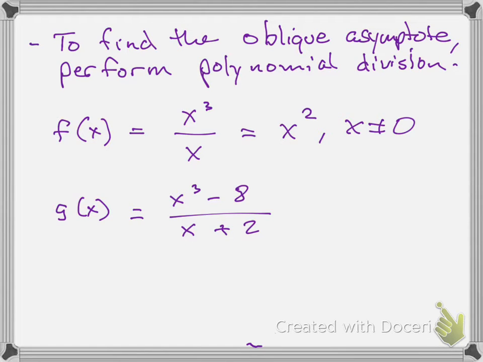If x was 1 million, then the numerator is 10 to the 18th minus 8, and the bottom is 10 to the 6th plus 2. Does that minus 8 and plus 2 really have any major effect on things?